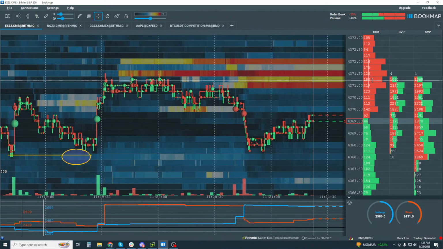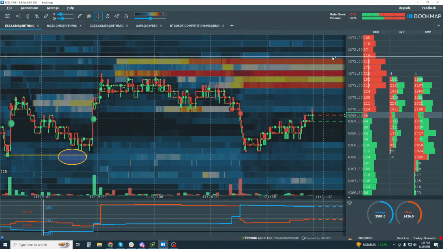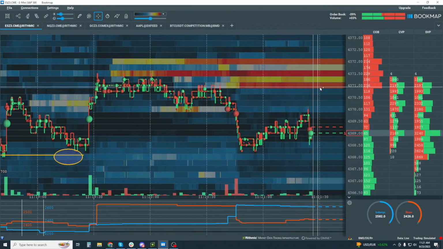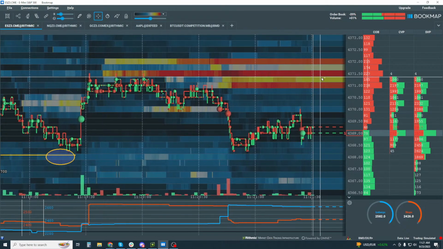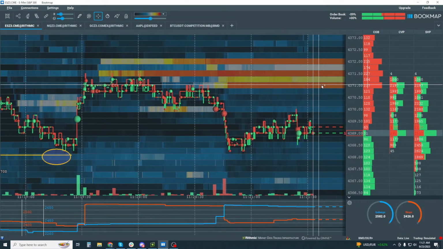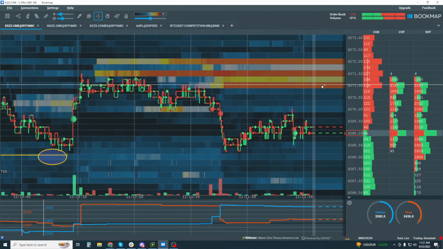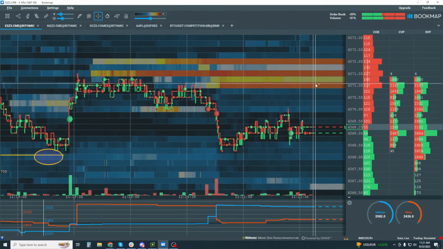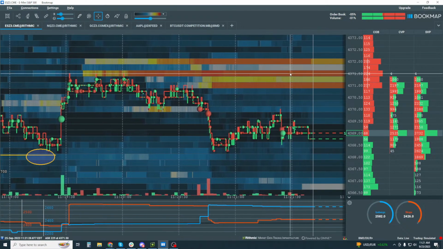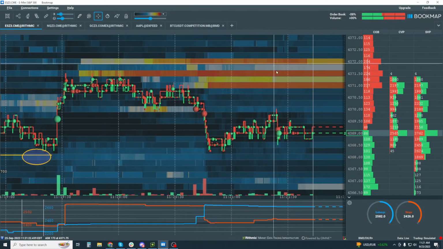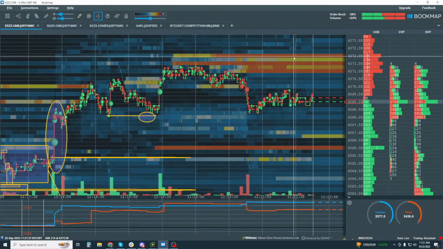1, 2, 3, 4, 5 levels here of high liquidity. Now, they haven't really gotten filled in here at all. So do they have the intent to trade, or do they have the intent to just show an imbalance here in the auction, that there's a lot of supply up here and no one's willing to trade with it?